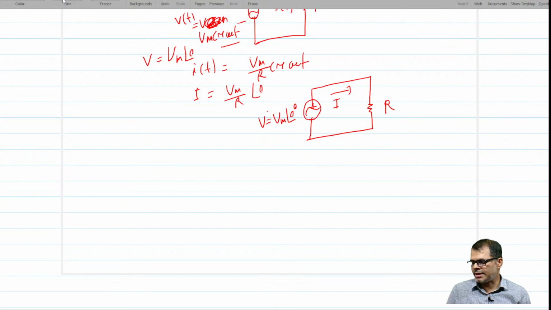Once we do the analysis for the single or pure elements, we will jump to their combination, series or parallel combination. Inductor.